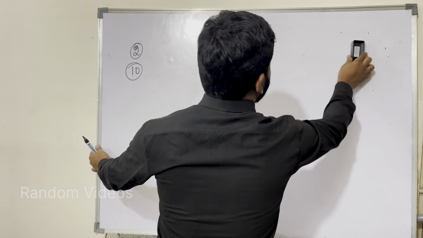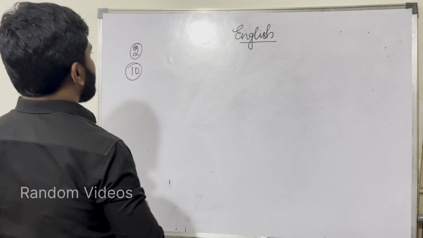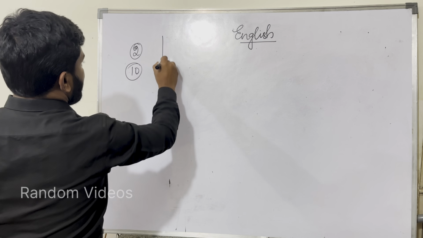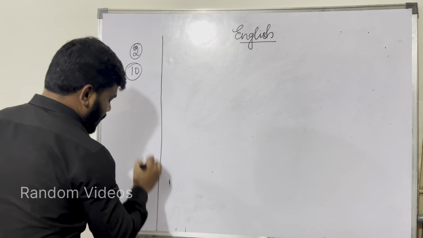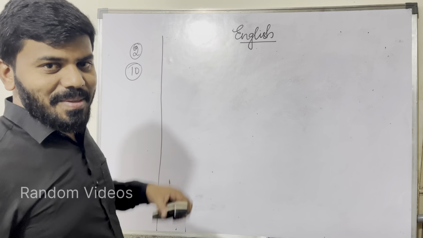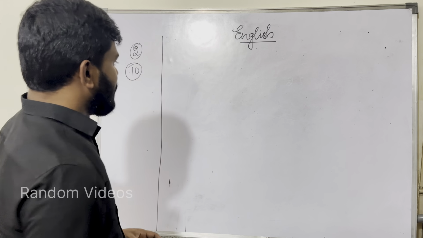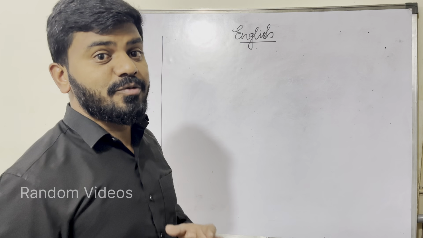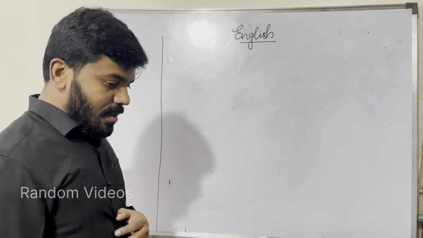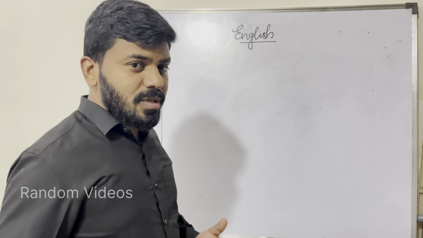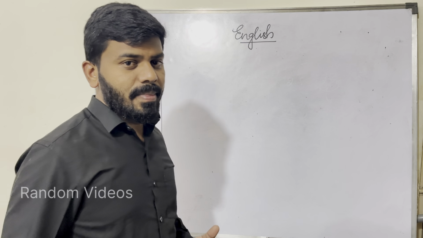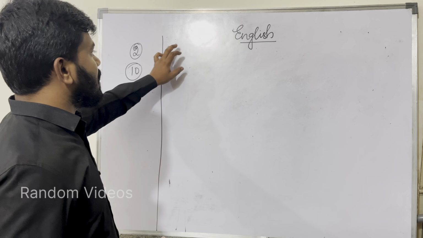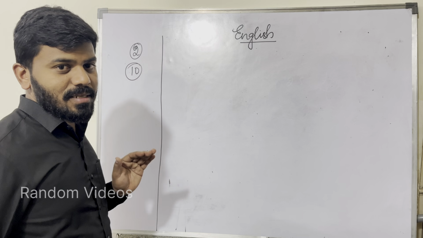Okay, so let us draw the margin line in your answer script. First we have the sender's address, that is the from address. Few students will have the question, sir, why is from not mentioned for the sender's address?